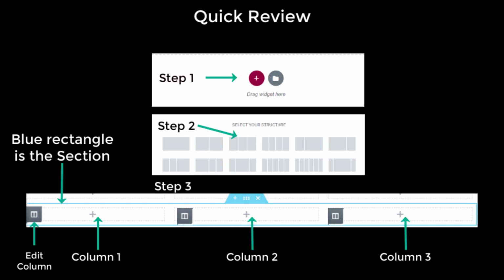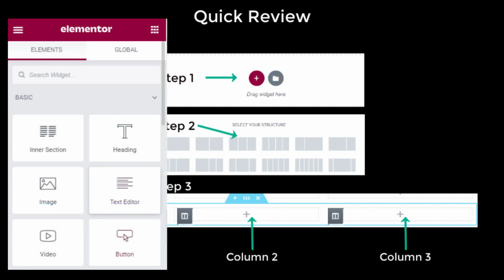Do we want 1, 2, and in this case the green arrow is pointing to 3 columns. As you can see in step 3, that's what it created. It created column 1, column 2, and column 3. And then the little gray icon next to each one of those columns gives me the ability to edit a column.